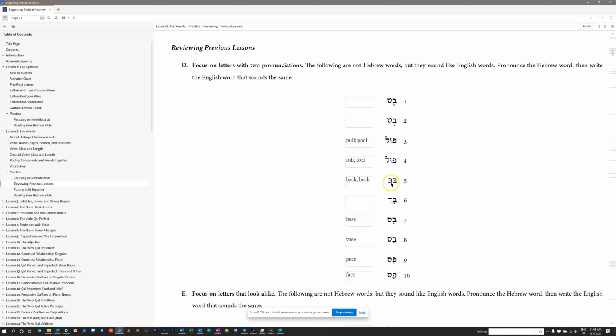But if you're wondering what is the difference between the kaf with the dagesh and the kaf without, it's basically the difference between back with a normal English K sound and this sound that's very similar to the chet in Hebrew. So this sound that we make, it's somewhere between a K and an H.